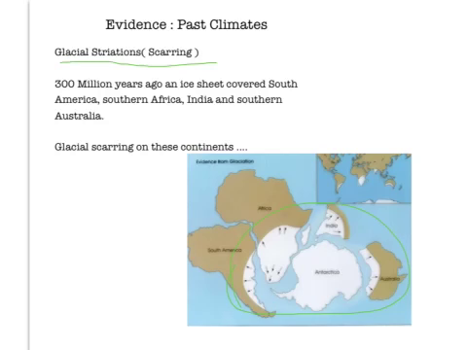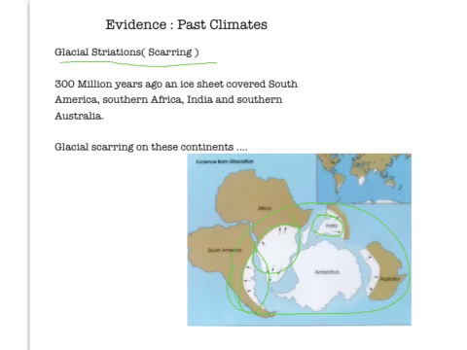Layers of debris from ancient glaciers were found in all of these continents. We know now that these climates, Africa, South America, and parts of India, are too warm to form glaciers. So at one point in time, this entire area was in higher latitudes, or higher above the equator, in order to help form these glaciers.